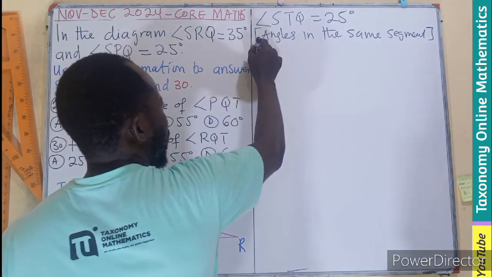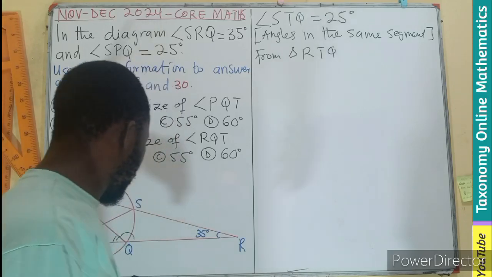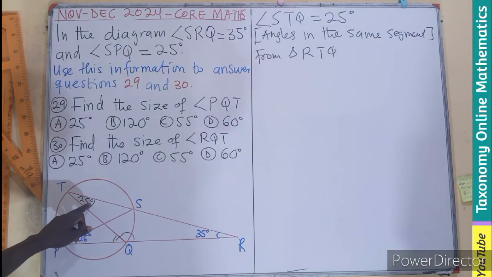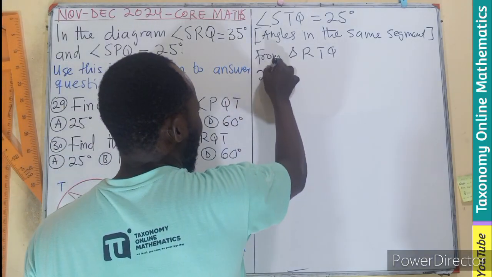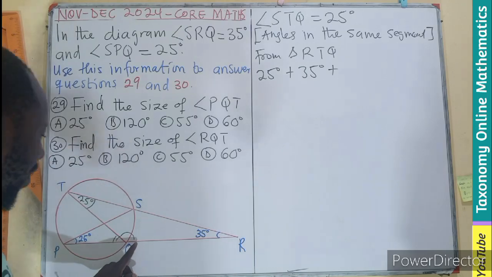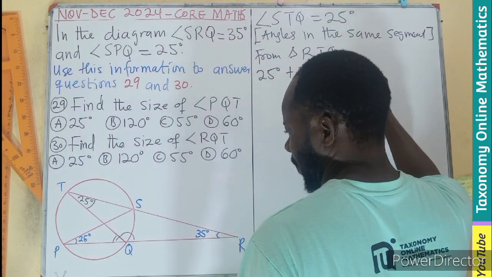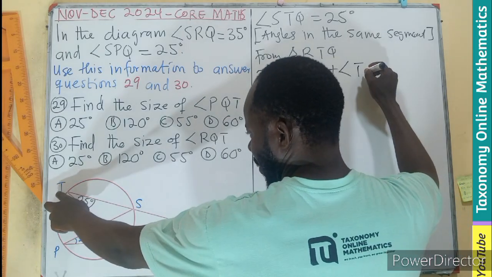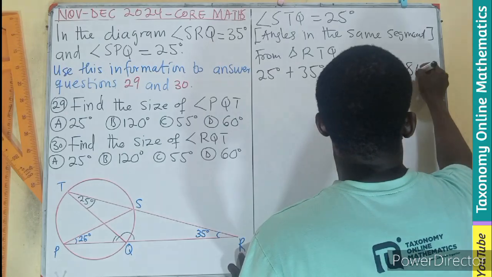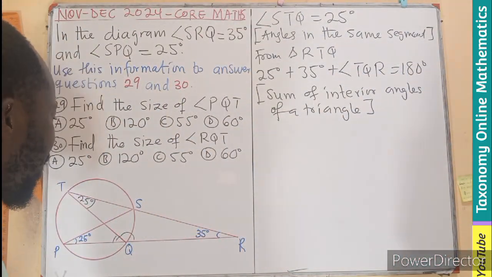So from the triangle RTQ, if I add all the angles, that is 25 degrees plus 35 degrees plus this very angle that is unknown here, angle TQR, will give me 180, which is the sum of the angles in a triangle.